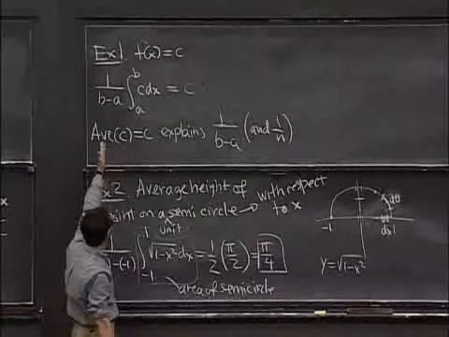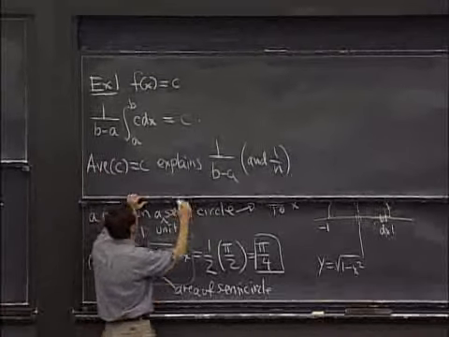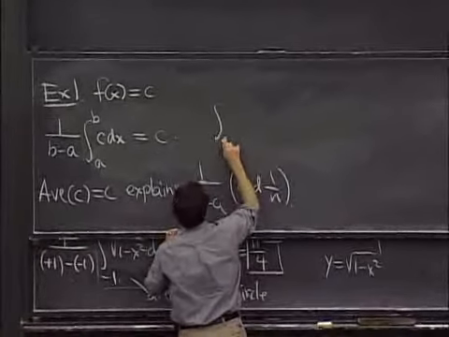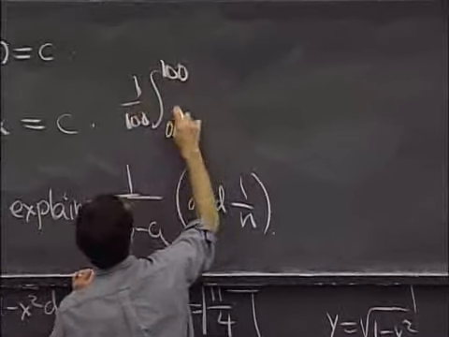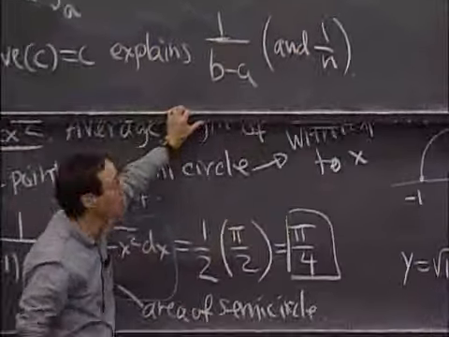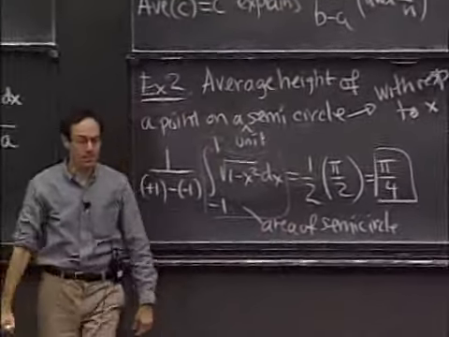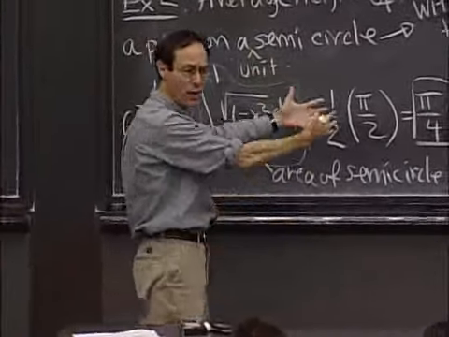So if it were a constant, we would always compensate for the length. So the length never matters. See, if it's the integral from 0 to 1 million, or 100, let's say, 1 over 100 c dx, it's just the same. It's always that c. It doesn't matter how long it is because we compensate. That's really the difference between an integral and an average, that we're dividing by the total.